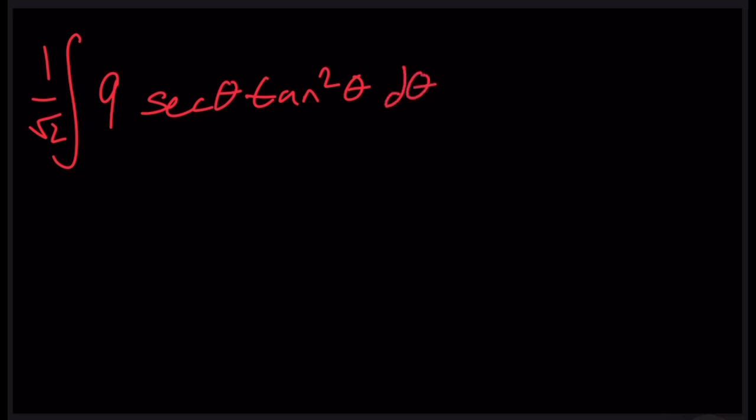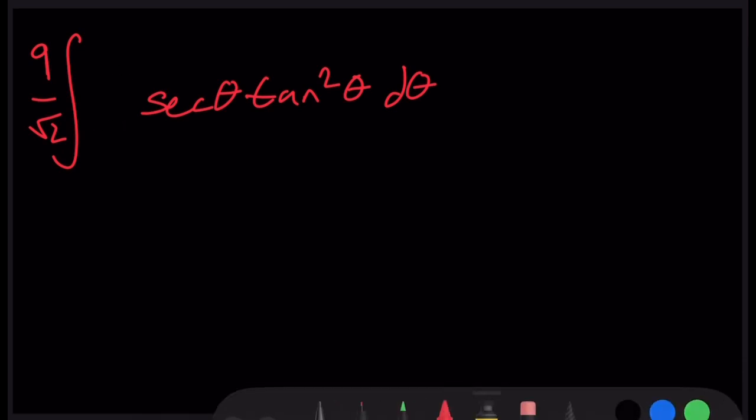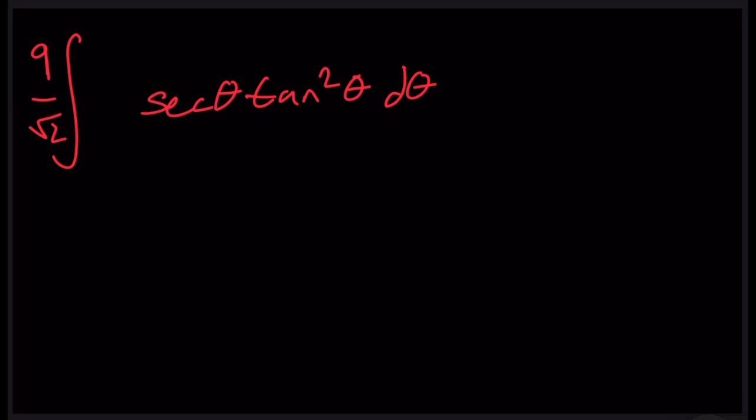So from here, I'm going to just take that 9 out. And here we can just turn everything in terms of secant, right? So this is the same as 9 over root 2 integral of secant cubed theta minus secant theta.